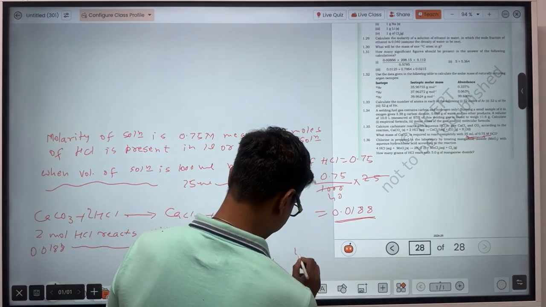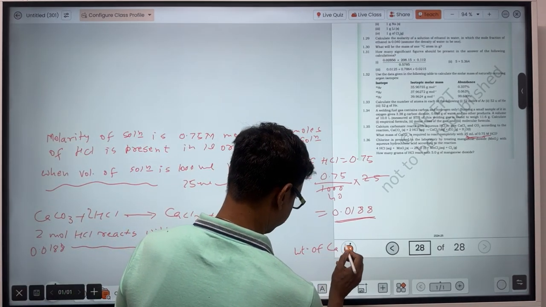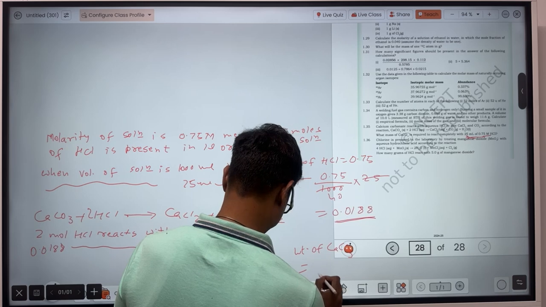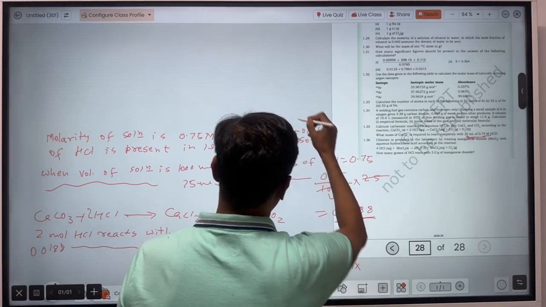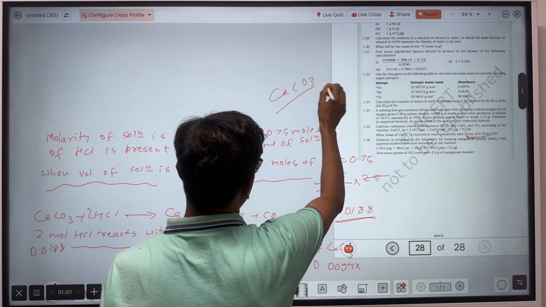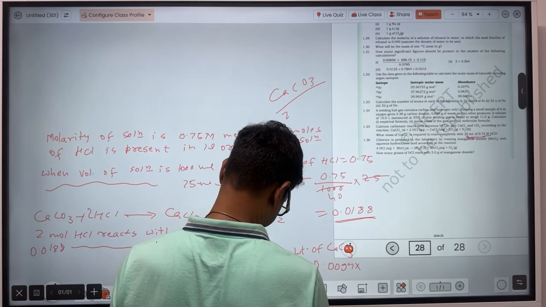So weight of CaCO3, atom weight of CaCO3 how much? Calcium 40.